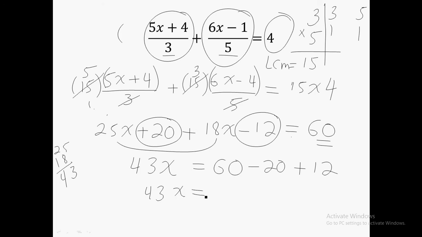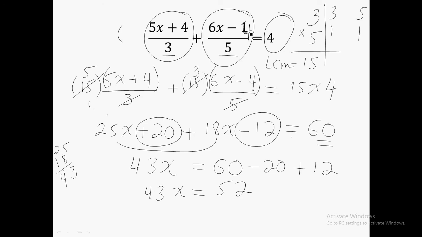43x is equal to 60 minus 20, which is 40, plus 12 is 52. Here we have to change it into 4. Students, it was 1, so I wrote 4 here, and you can change it into 4.